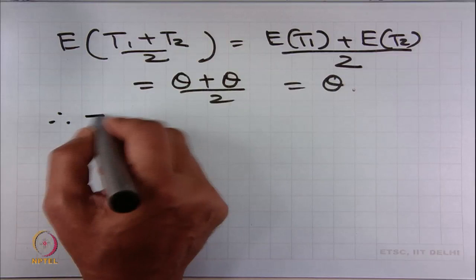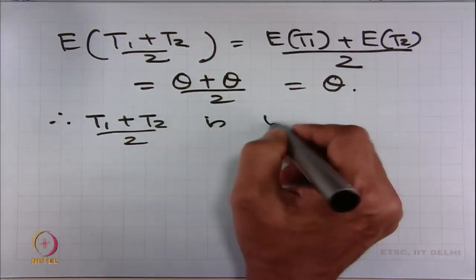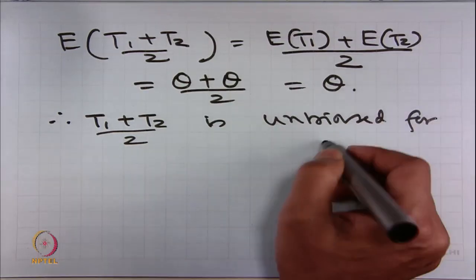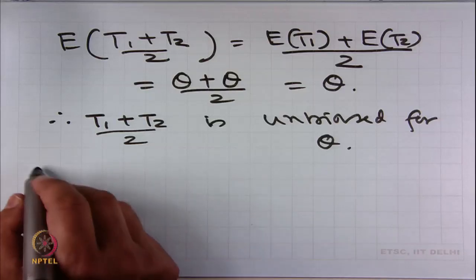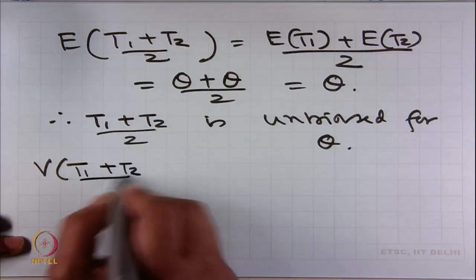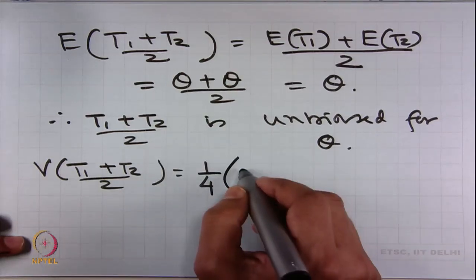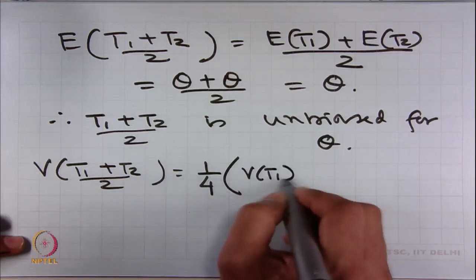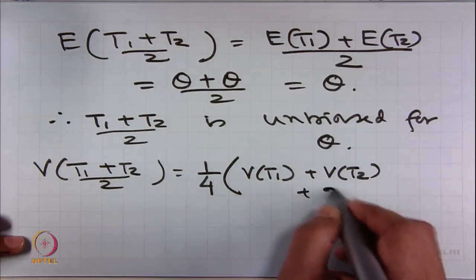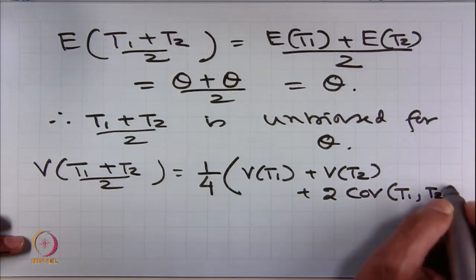Therefore, T1 plus T2 by 2 is unbiased for theta, and variance of T1 plus T2 by 2 is equal to 1 by 4 times variance of T1 plus variance of T2 plus 2 times covariance of T1, T2.